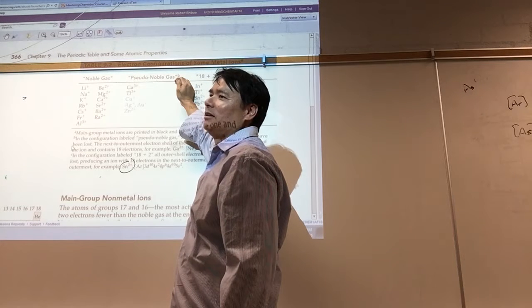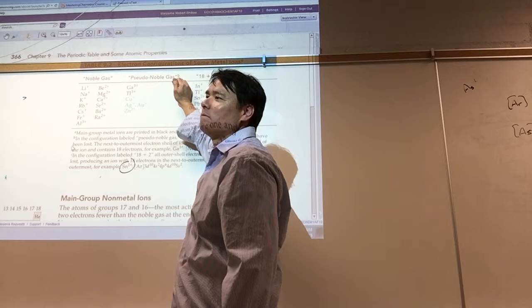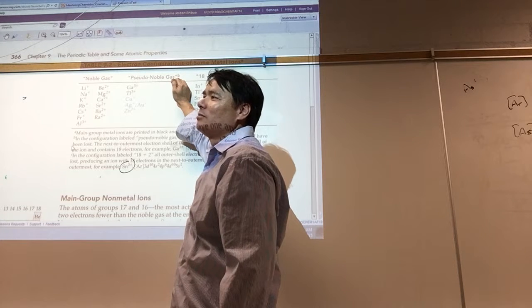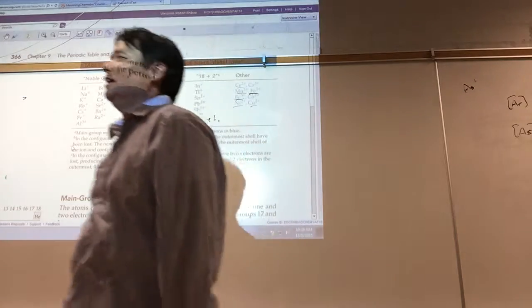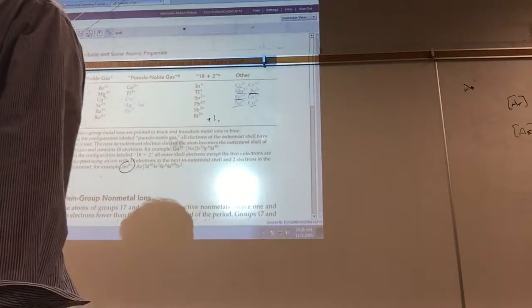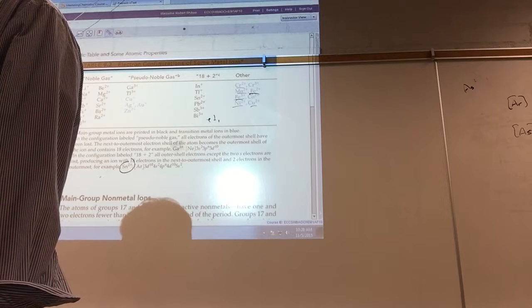Plus 1. Plus 1 is a very common charge for thallium. Thallium has been used historically as a poison for murder, unfortunately. Plus 1, thallium salts are bad.